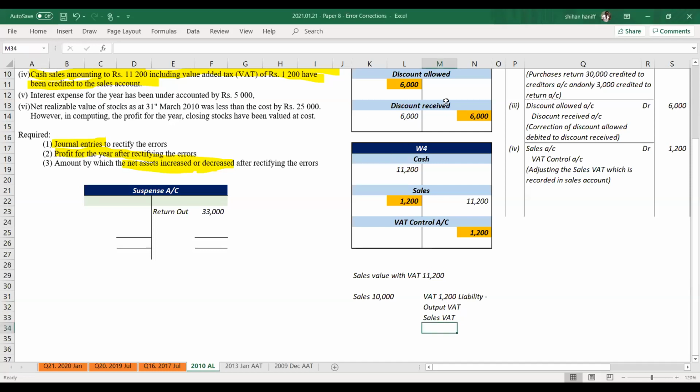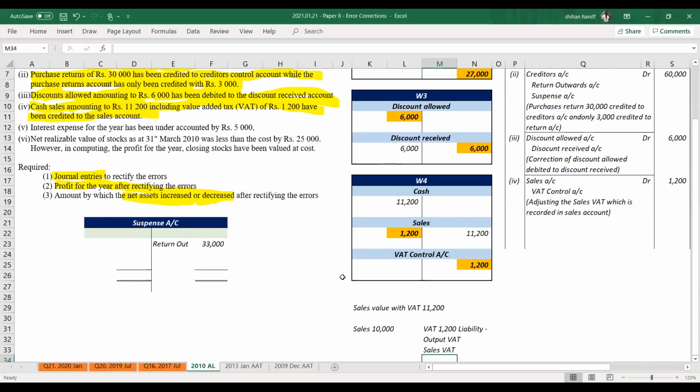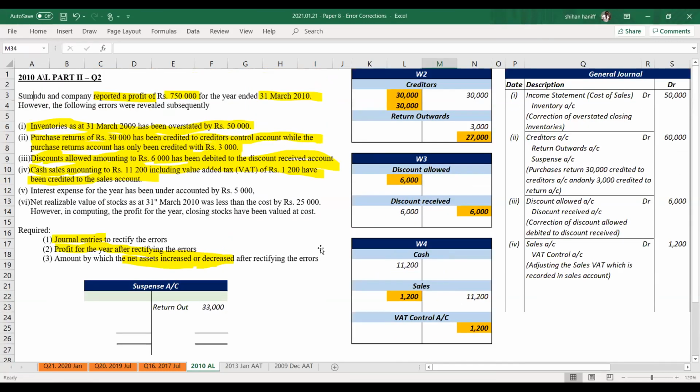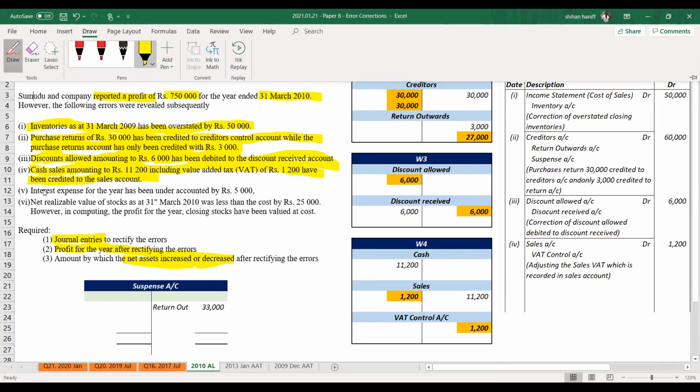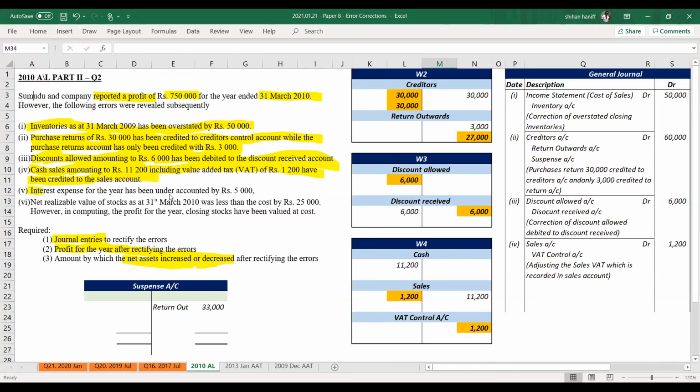Now let's go back to our question. Interest expense for the year has been under accounted by 5,000, understated, or they have taken an undervalue of interest expense.